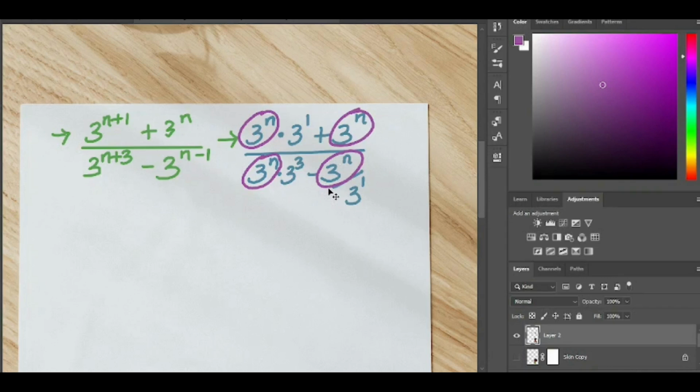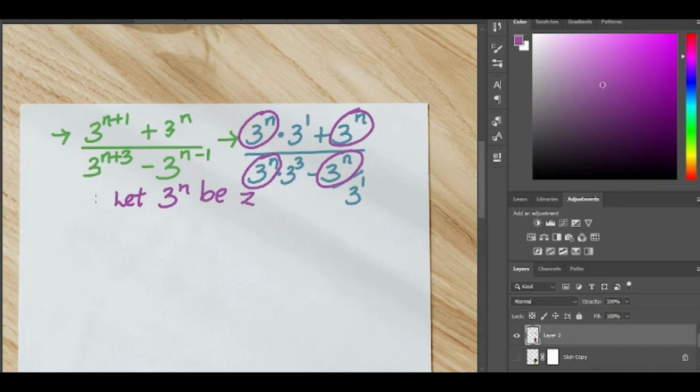So in this particular case, you can say let 3 to power n be given a letter, let's say z. The main reason why we do this is because when you introduce algebra in such questions, it becomes easy for us to notice patterns.